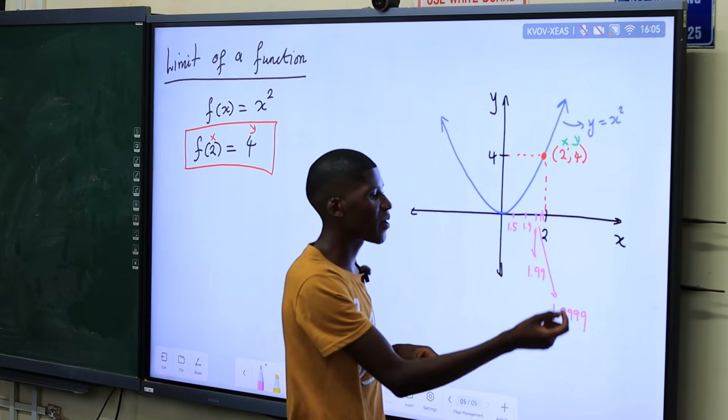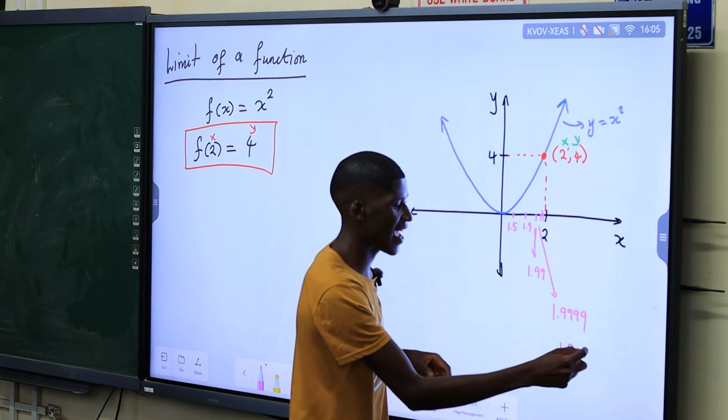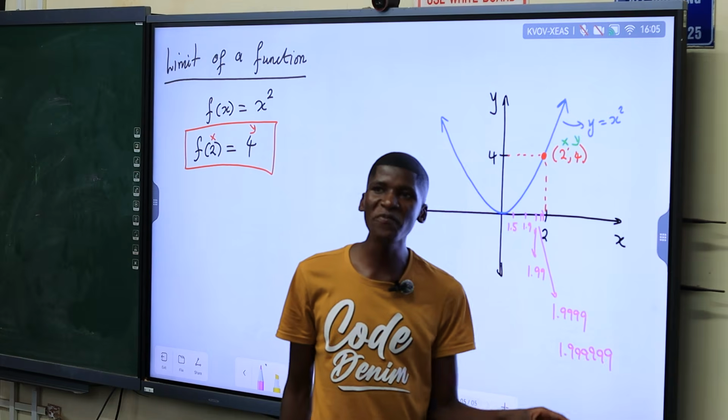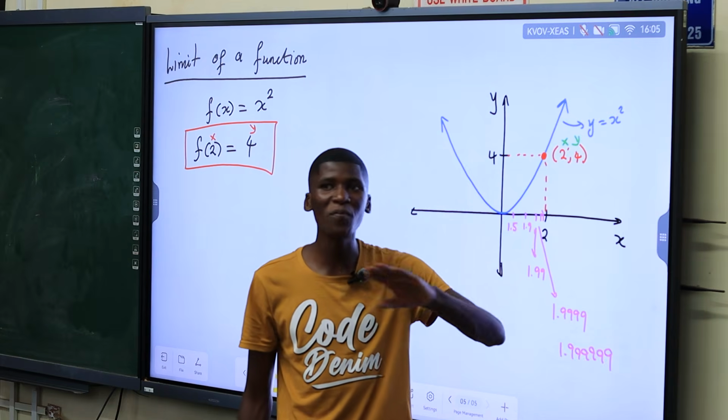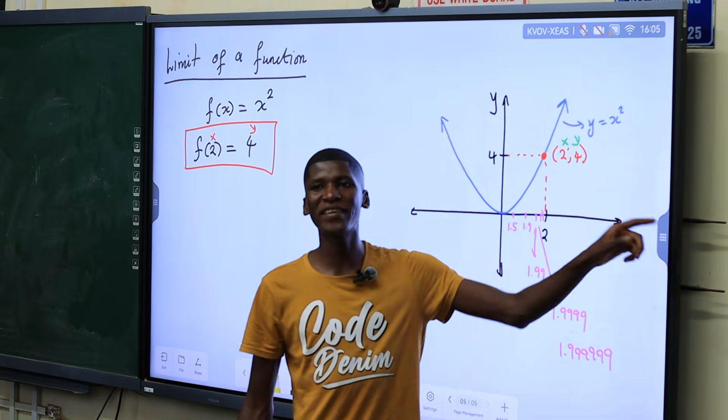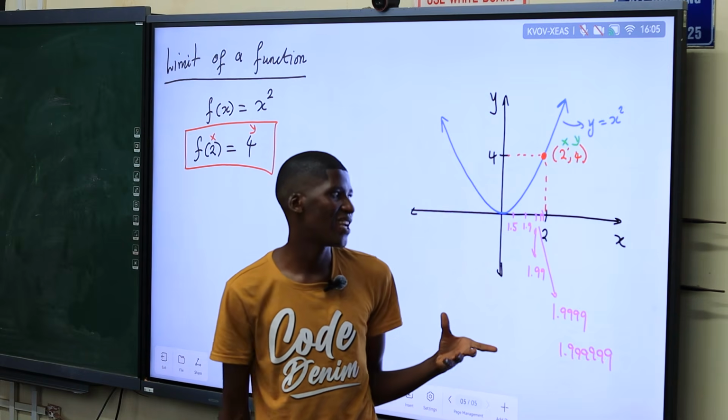Maybe the last value you take is 1.99999. This happens infinitely if you keep adding 9s, but in a realistic sense, we can never zoom into an infinite scale.